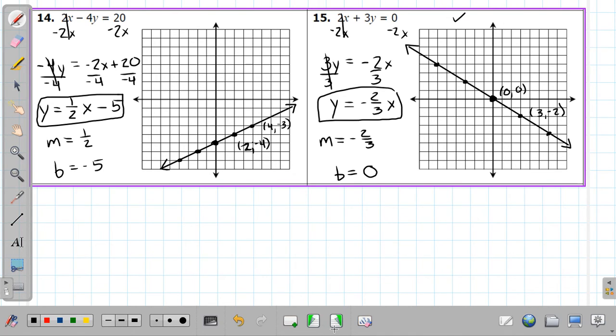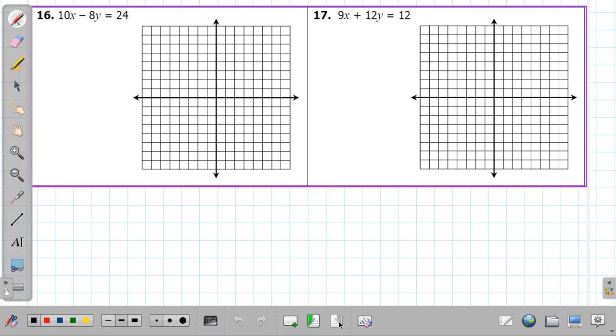Okay. And then the last two should be pretty straightforward. Same kind of idea here. We're going to subtract the x term, or get rid of the x term. Sometimes you might have to add the x term, depending on if your x term is negative. But here we get negative 8y is equal to negative 10x plus 24. So let me scoot that over a little bit.